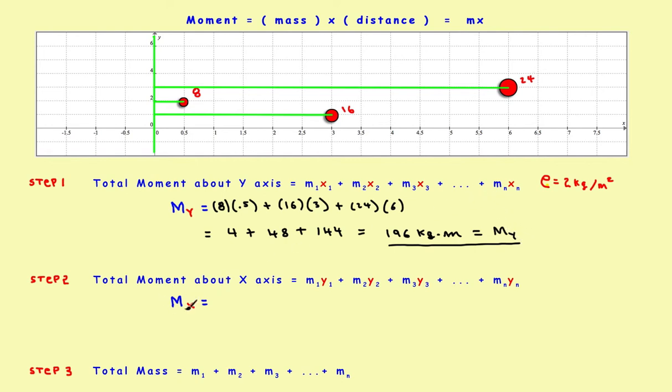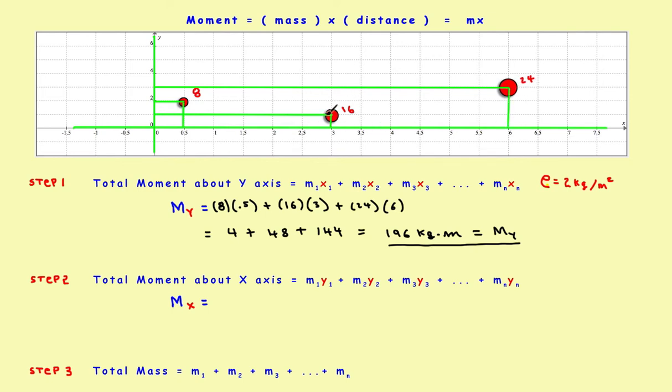So now let's do the same thing and find the moment about the x-axis. We will go with the horizontal axis in this case. This time, we're going to go from here over to here. So there is the axis, but this time we want to use this distance from here to here, this distance from here to here, and this distance from here to here.